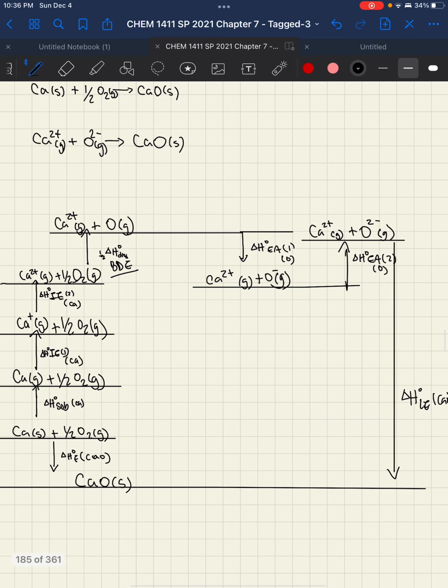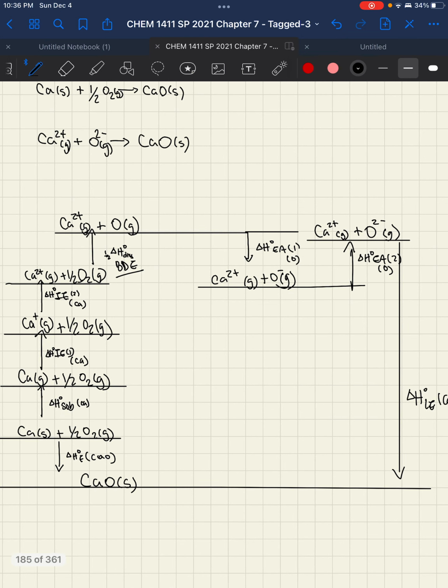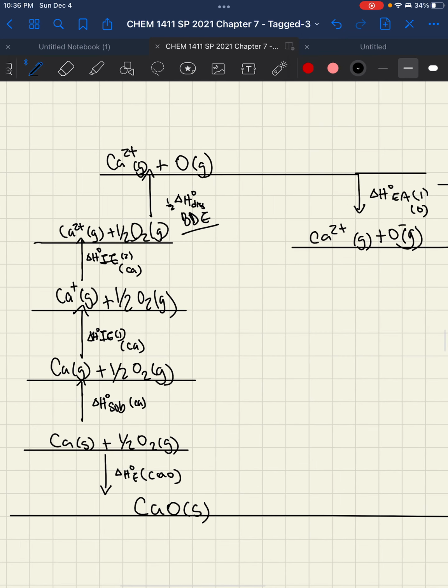Then first step, you do the enthalpy change of formation, then the sublimation, which is solid to gas. In this case, of course, it was calcium because the oxygen was already in gas form.